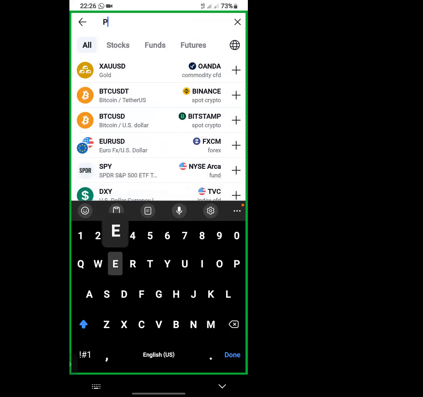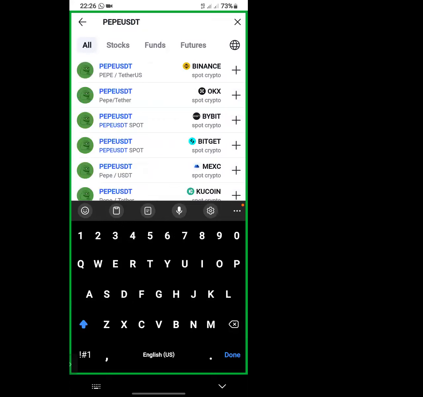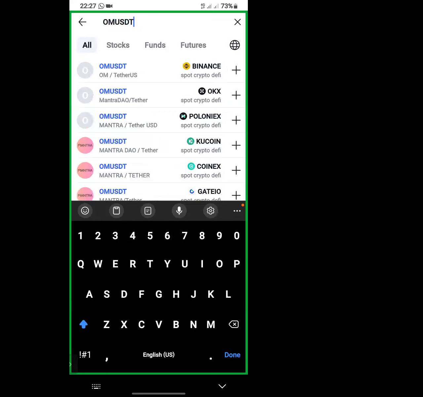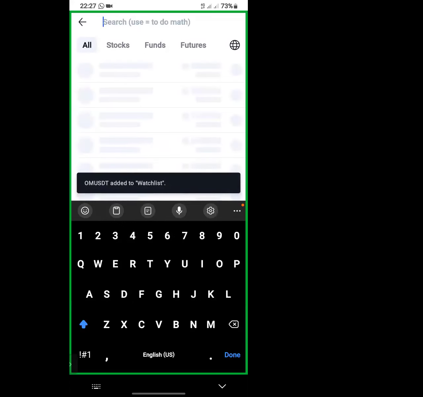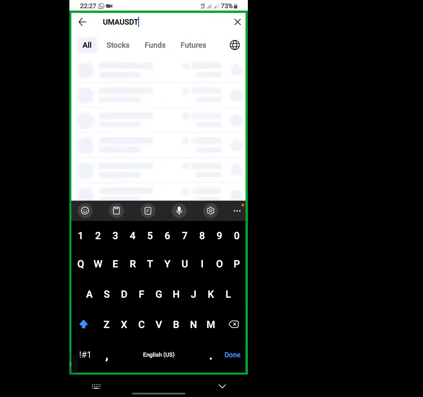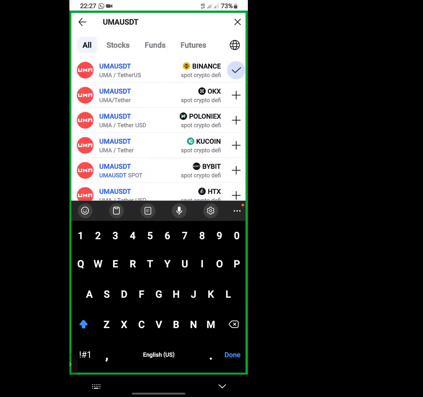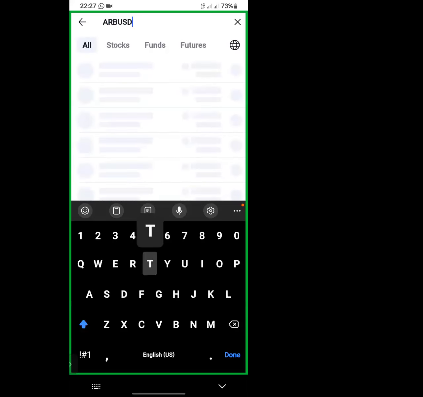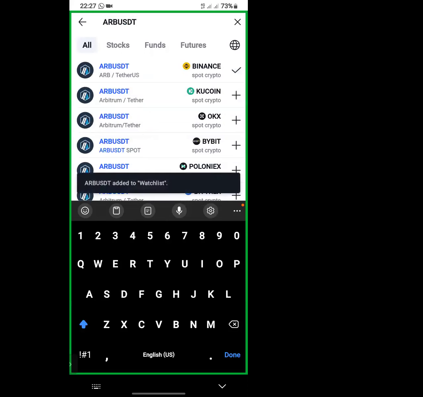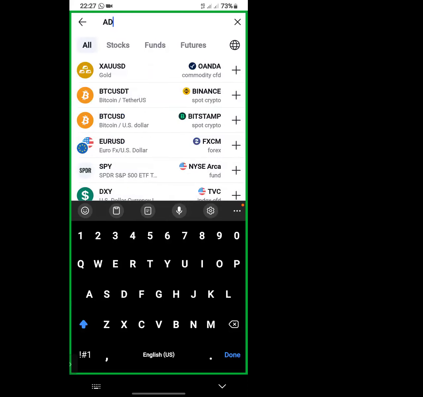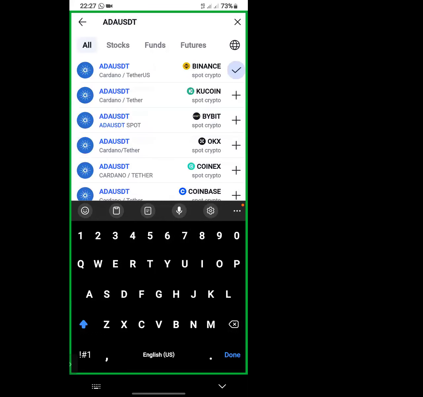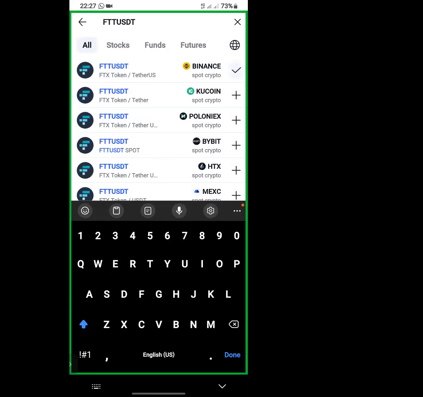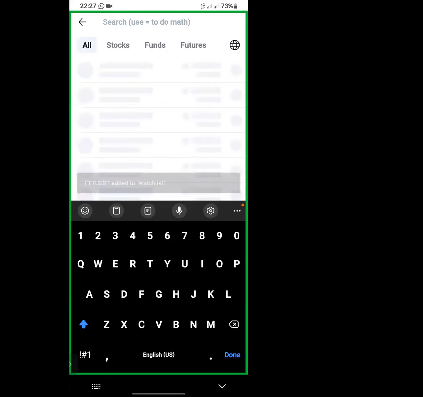We've got Pepe. Let me try to put in some meme coins, USDT. Oma USDT. ARB USDT. ADA USDT. FTT USDT. BAT USDT.